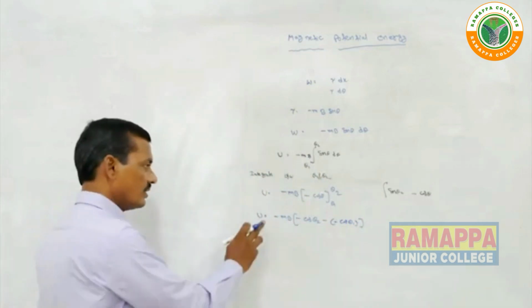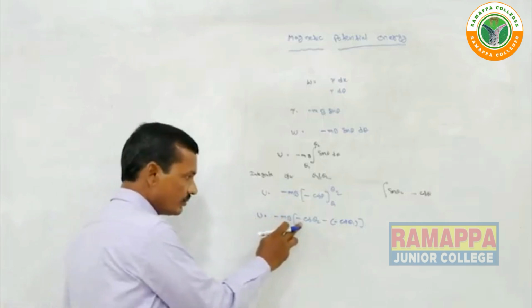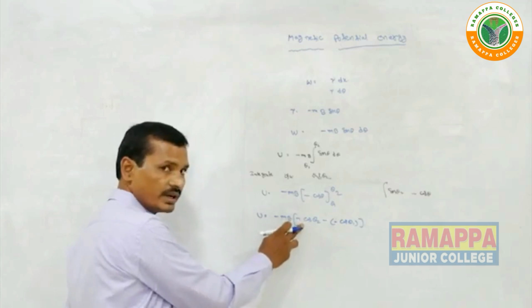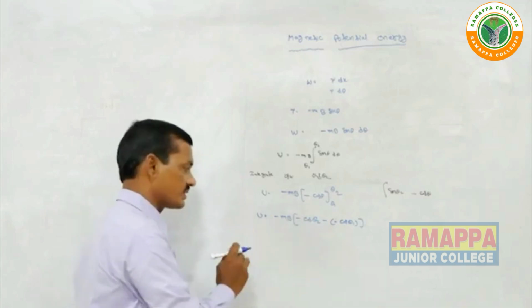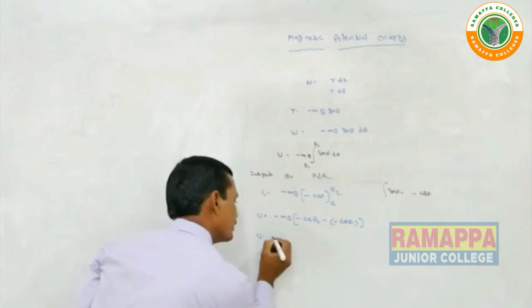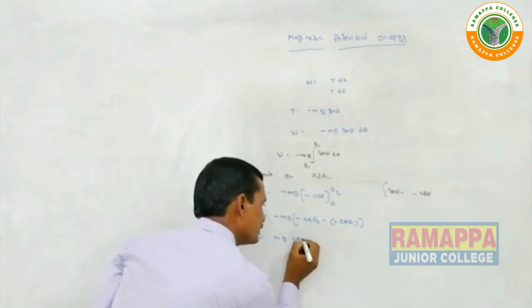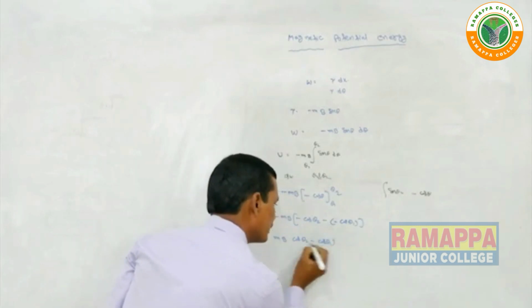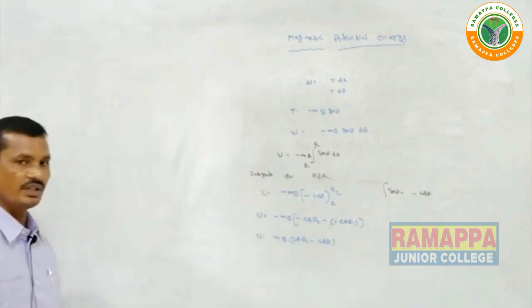Now I have to multiply this minus into both these terms. What happens? Within the bracket, the signs change. Minus becomes plus. That's why U equals mB into cos theta 2 minus cos theta 1. This is magnetic potential energy.